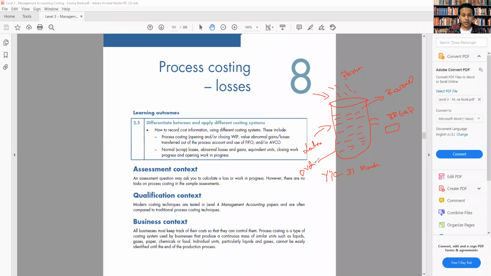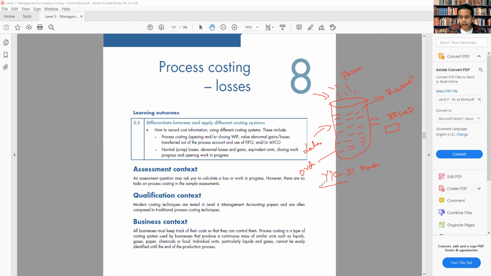One is the raw material, one is the labor cost, and the overhead. These three things together make up a unit cost. Now, if someone asks you what is inside of a unit cost, you say the raw material, the labor cost, and the overhead.